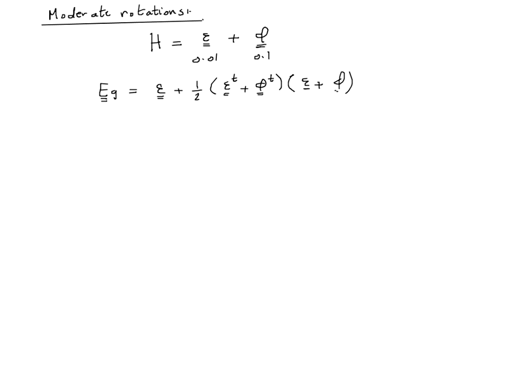So when we multiply through, we end up with the following: Green strain is epsilon plus 1/2 of epsilon transpose epsilon, which is like epsilon squared, plus epsilon transpose phi, which is like epsilon phi, plus phi transpose epsilon, which is minus phi epsilon, plus phi transpose phi.